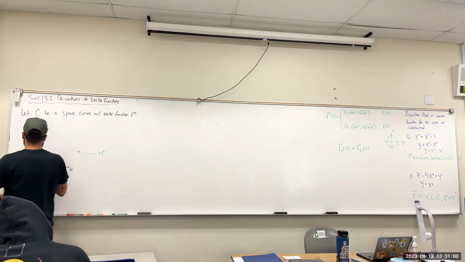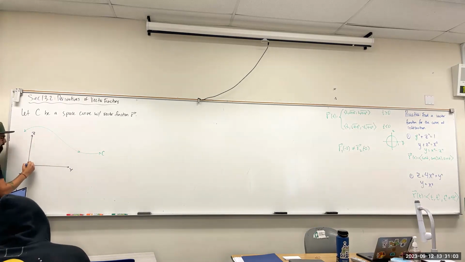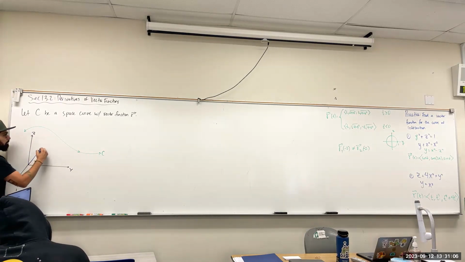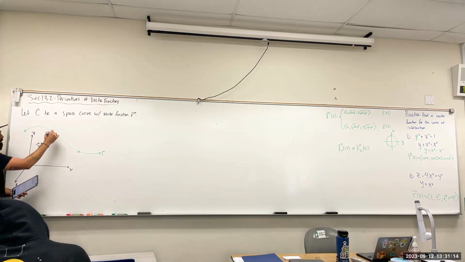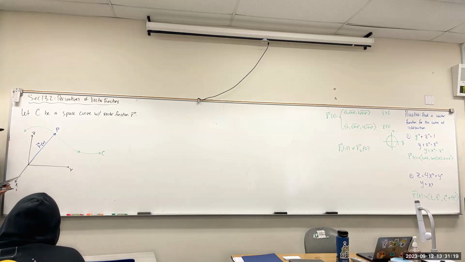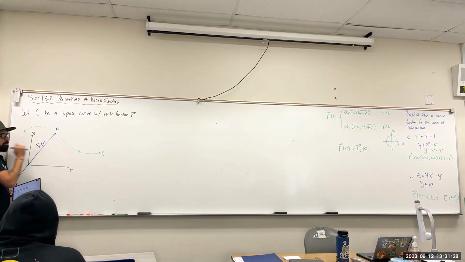In 13.1, we learned that you have your vector function, you plug in the t value, and it corresponds to some point on your curve. Let's call that point P. Let's say this is at time 1 second.